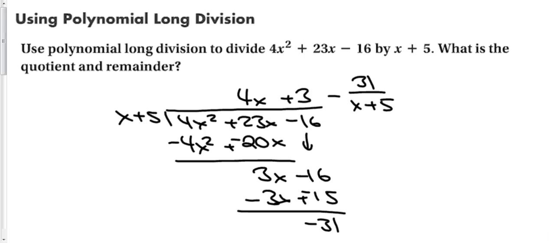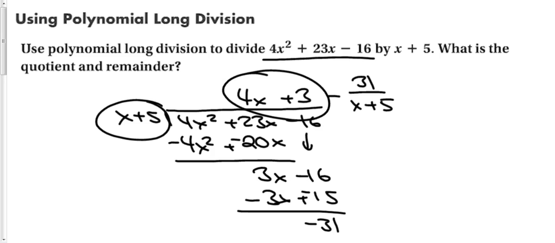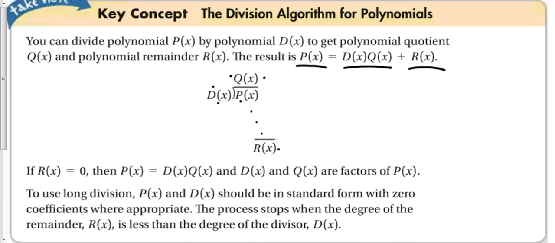So for instance, if I wanted to get this polynomial back again, I could multiply x plus 5 times 4x plus 3 and then subtract off 31, and that would give me my original polynomial. Okay. If my remainder is 0, then the original polynomial equals the divisor times the quotient, and that they are factors.